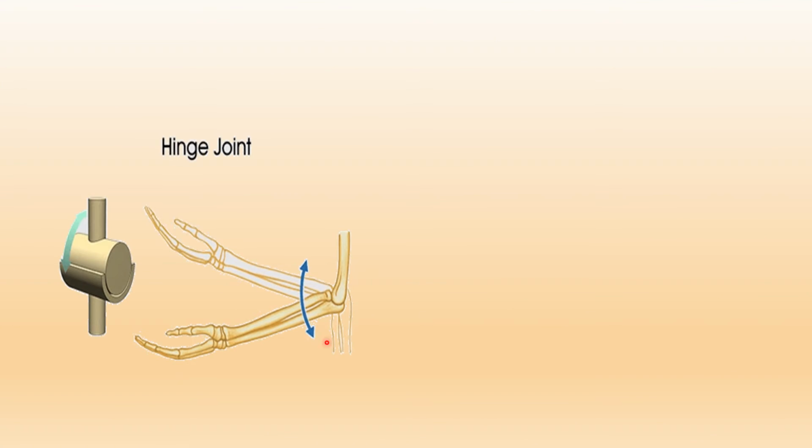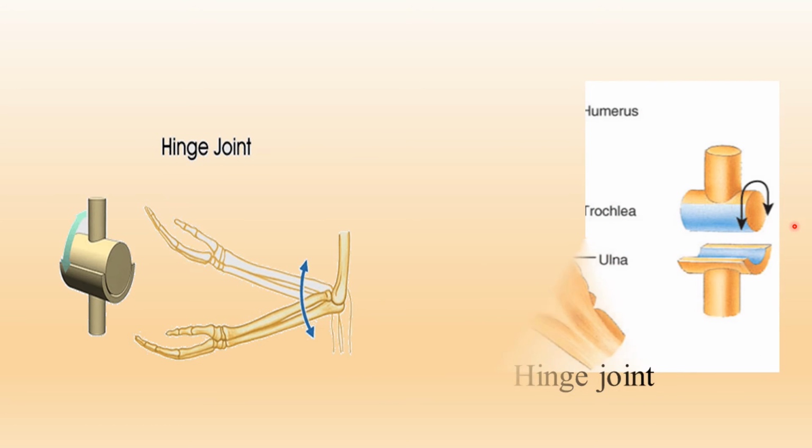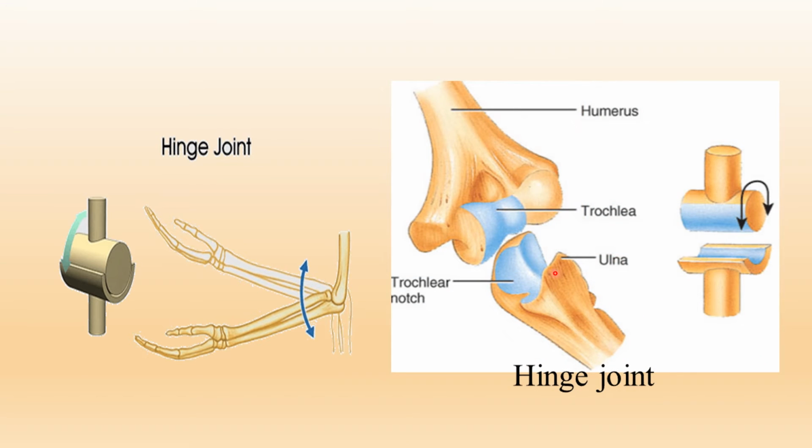Now here you can see this is the elbow, and it is only moving up and down. You can see this is the humerus, and this is the ulna, and they are joined together over here, and they allow movement in only one direction, back and forth.